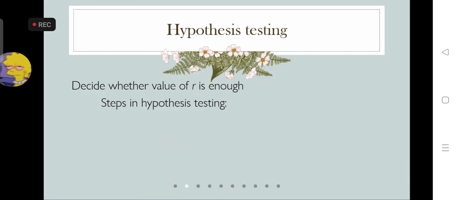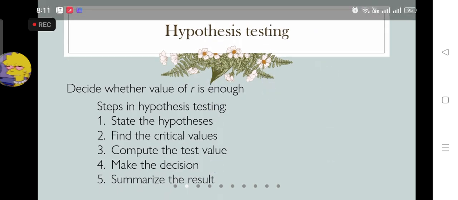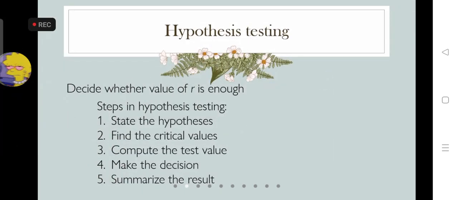So there are steps in hypothesis testing. The first one is we will state the hypothesis. I believe you already know what a hypothesis is, so I will just proceed. The second part is we will find the critical values. The next step is computing the test value. Fourth is making the decision, and then the last step is summarizing the result.